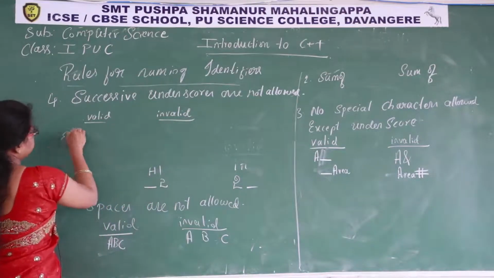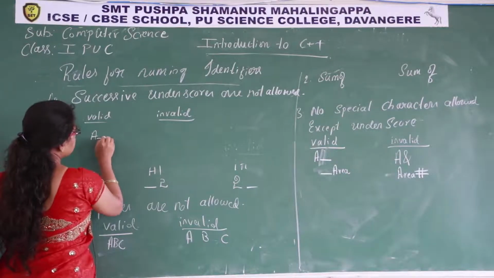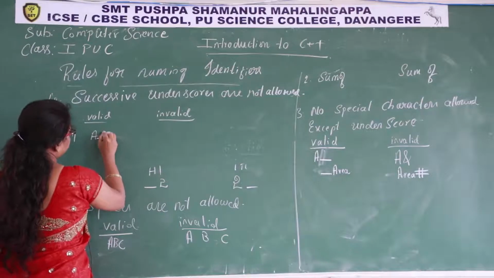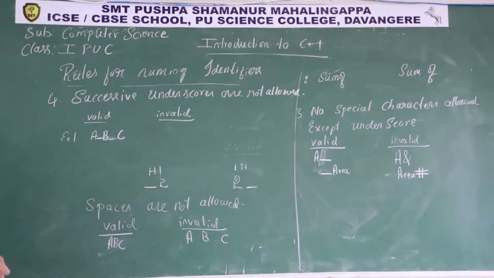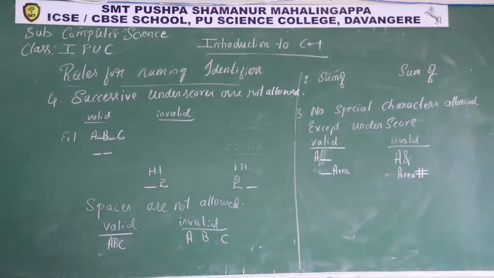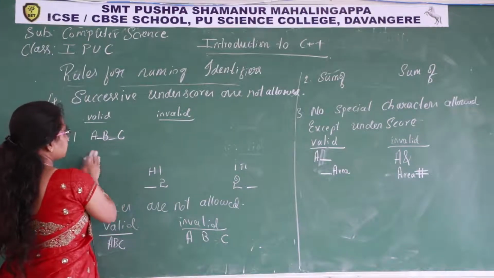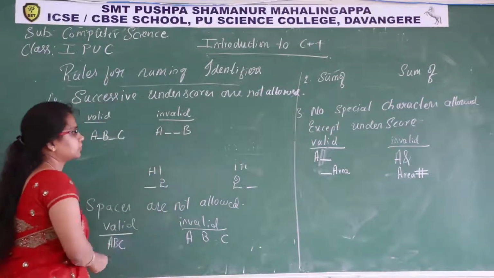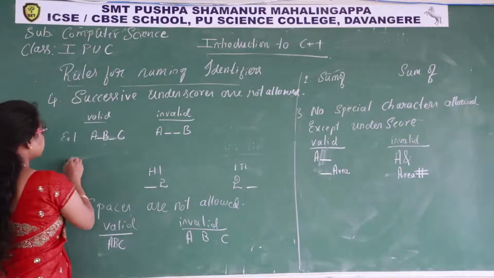Example 1, A_B_C. See, successive means continuously more than one time. If you give two underscores together, it is invalid. Here A underscore B underscore C is valid. If I give A double underscore B, this is invalid. One more example.